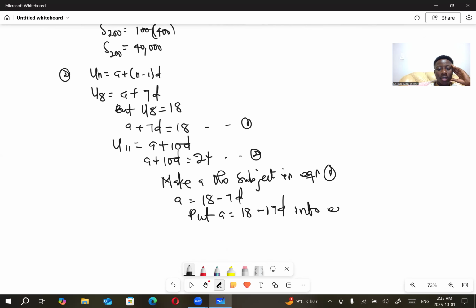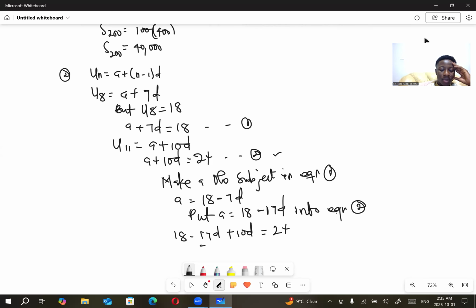Okay, so I just want to tell you guys, now you know, I'm going to put it in equation 2. So it will be 18 minus 7d plus 4d, then plus 10d is already there. This equation 2 equals 24.